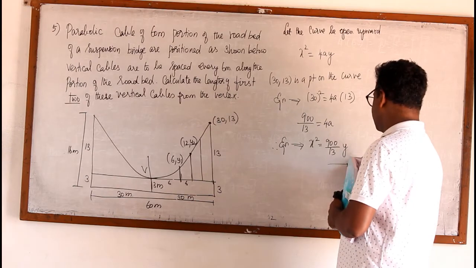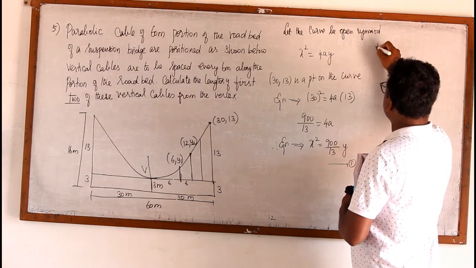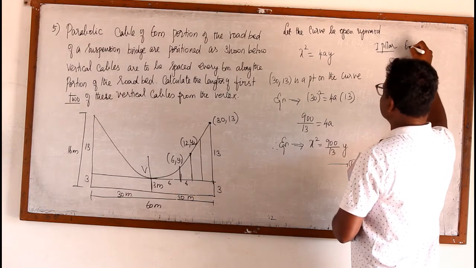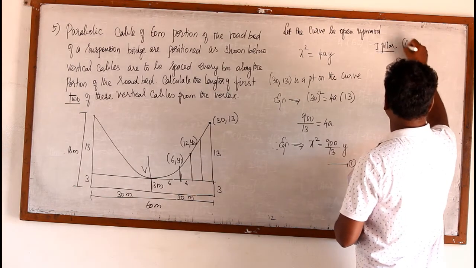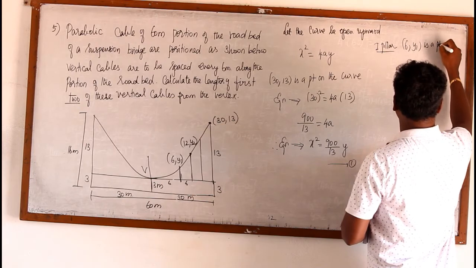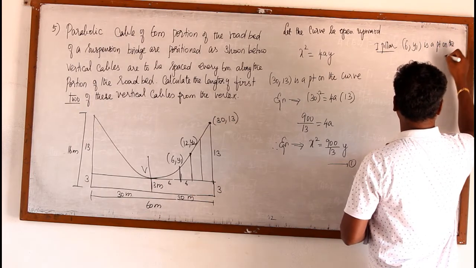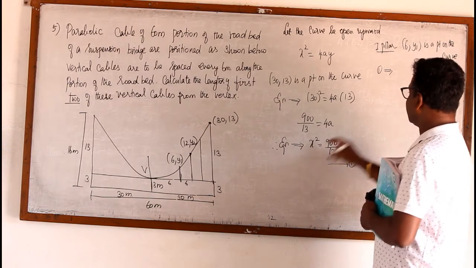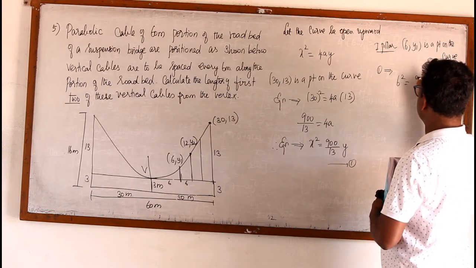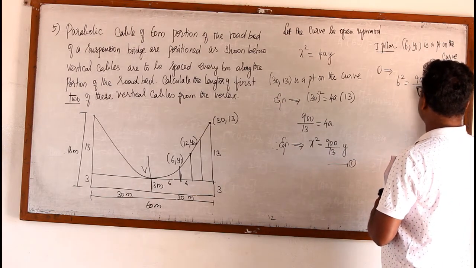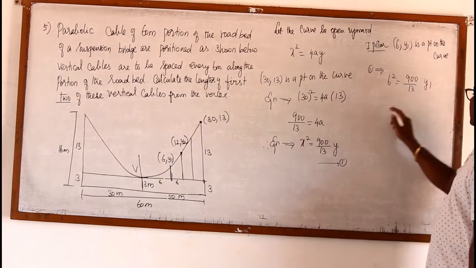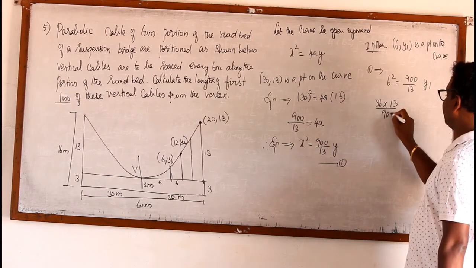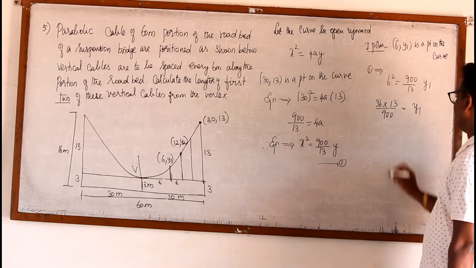So we shall keep this one as equation 1. Now for the first pillar, (6, y1) is a point on the curve. Therefore, in 1, substitute x as 6: 6 squared equals 900 by 13 into y1. So I can write this as 36 into 13 by 900 equals y1.